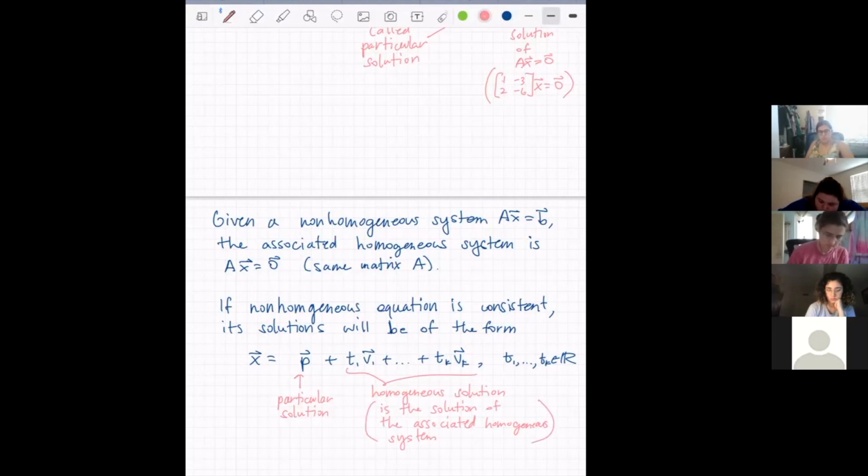Okay, so it breaks into two pieces like that. Okay. Are there any questions at this point?